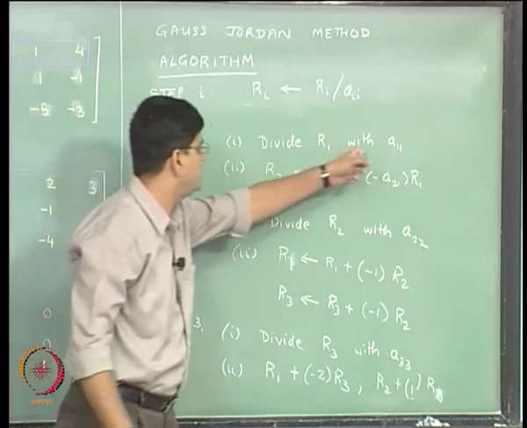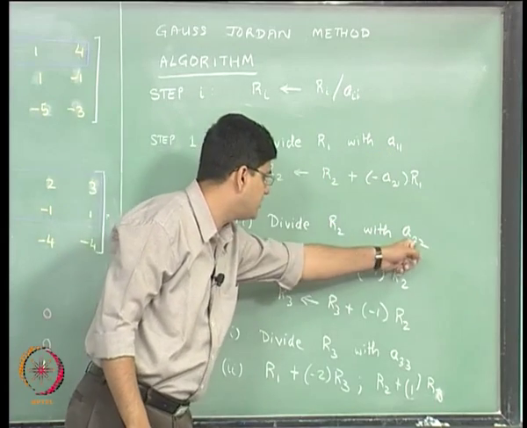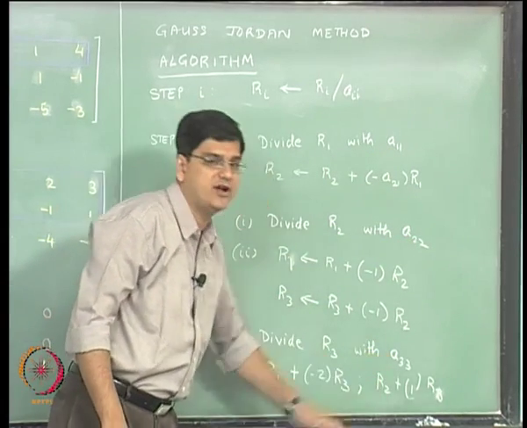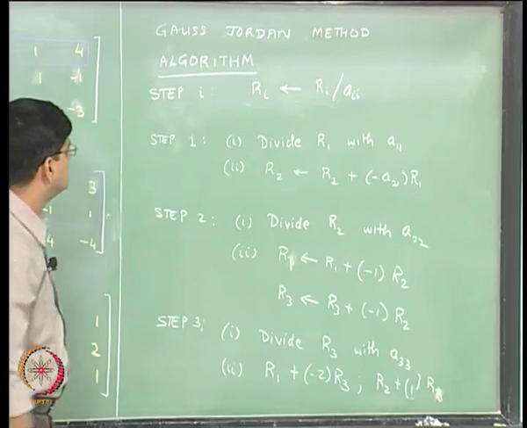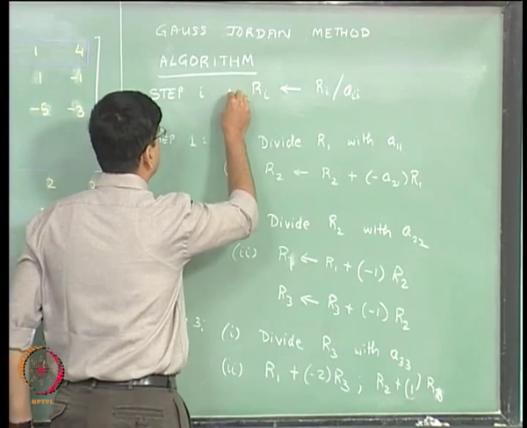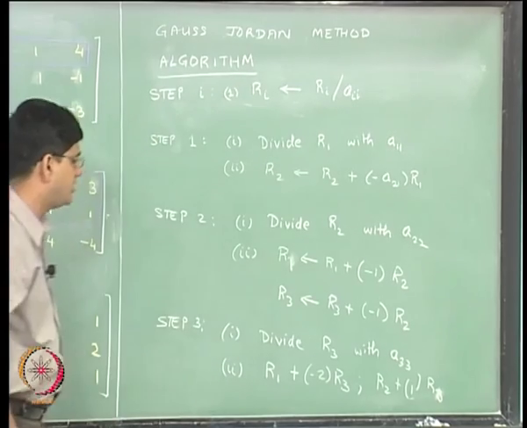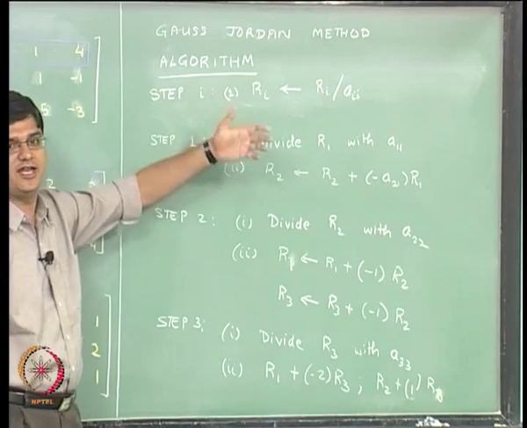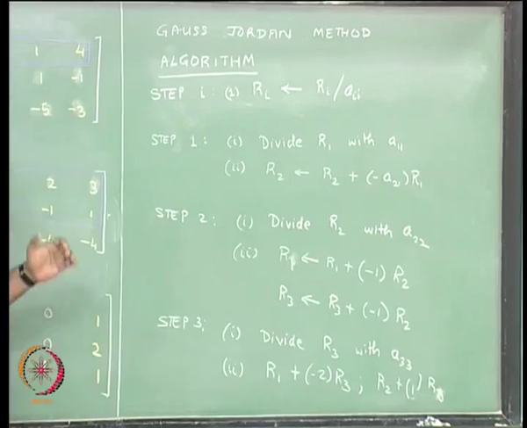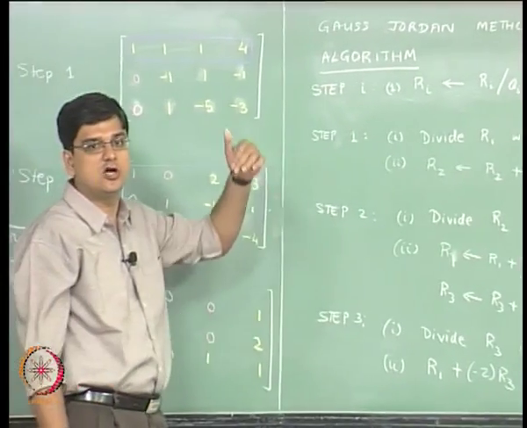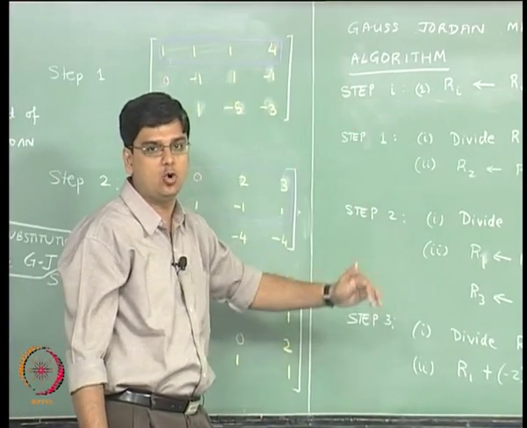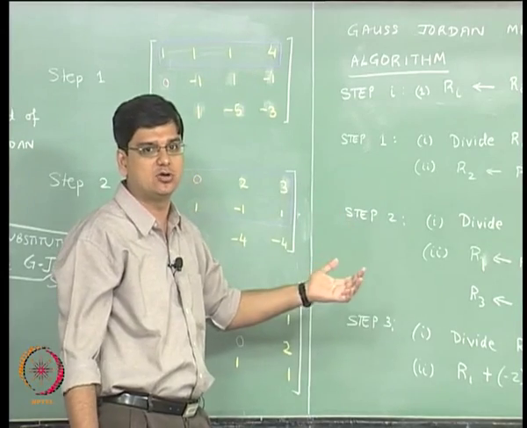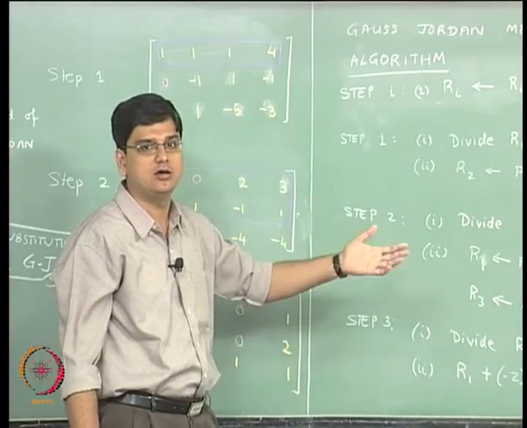So, R1 divided by A11, R2 divided by A22, R3 divided by A33. For the ith step, the first part is this, and the second part of the ith step consists of n minus 1 row operations. N minus 1 row operations, because row 1, row 2 up to row n, except the ith row, have been changed by the ith row.